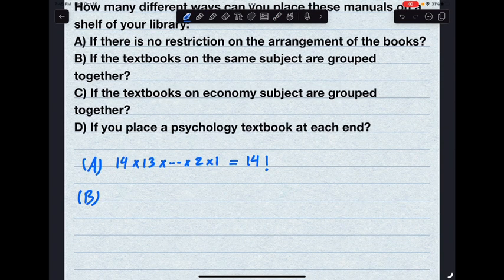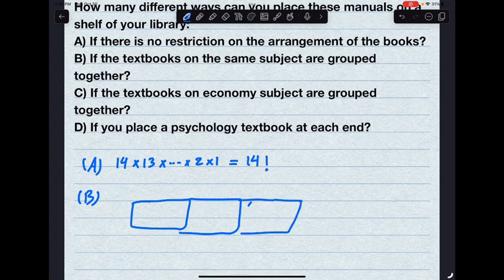To solve this one, we need to choose 4 places: 1, 2, 3, 4, because we have 4 subjects. First things first, we need to choose which one of these 4 places is for which subject. For example, where are the linear algebra books?